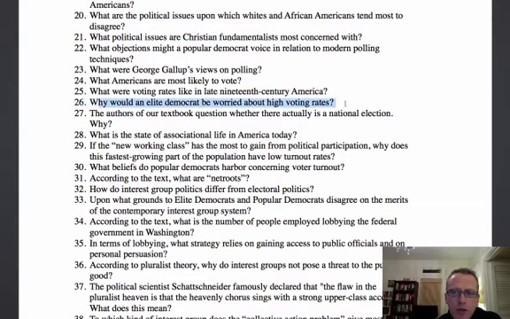Now, why would an elite Democrat be worried about high voting rates? What would be the problem there?